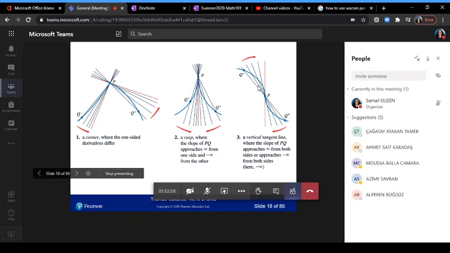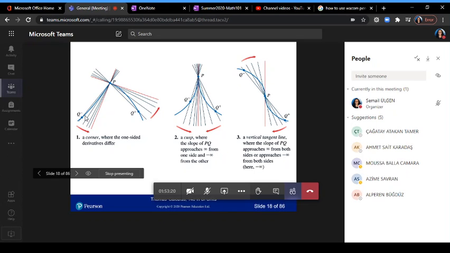For example, left slopes of the secant lines approach negative infinity, right slopes of the secant lines are also approaching negative infinity. That's the difference. So this is negative infinity, negative infinity. Here, positive infinity, negative infinity.